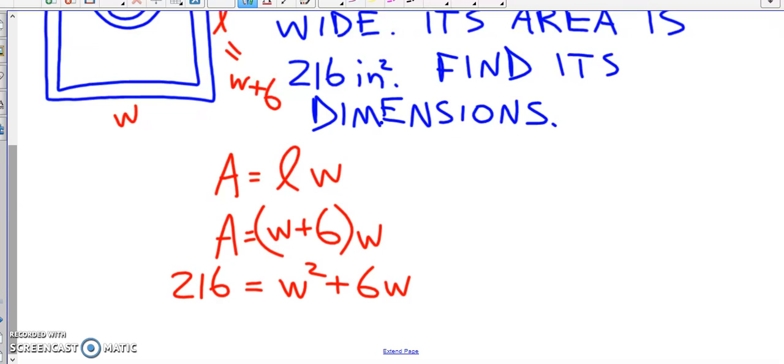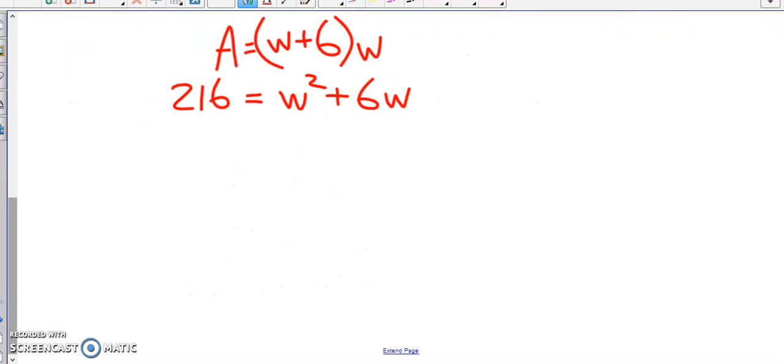Now, this is quadratic, so you would need to solve it. You could use factoring. Whenever you factor, you want to get it equal to 0.